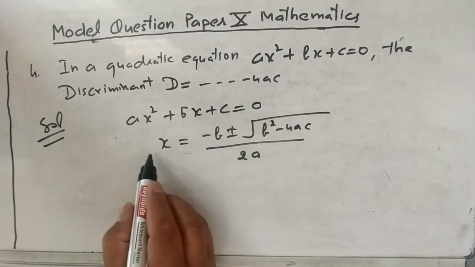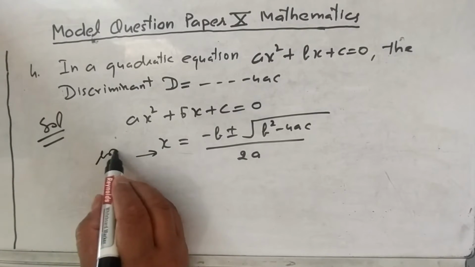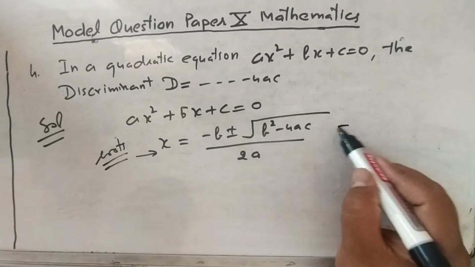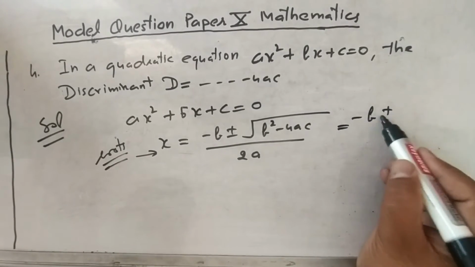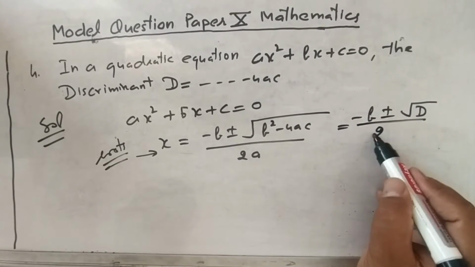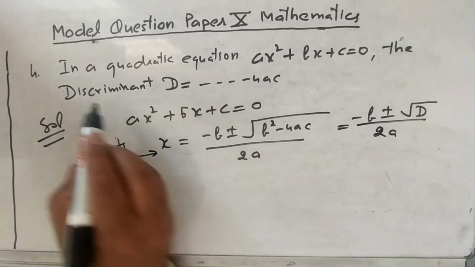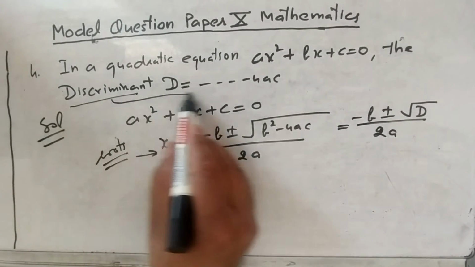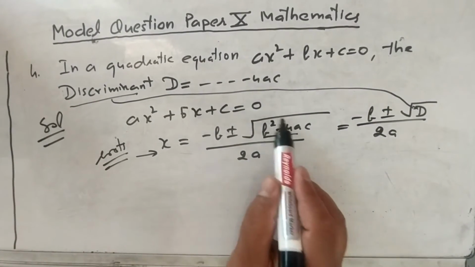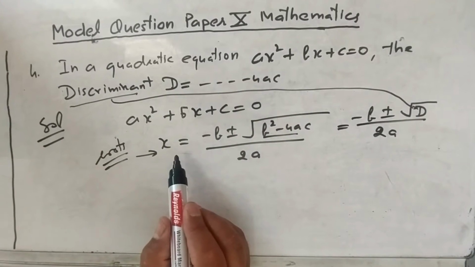This is the formula to find roots of the quadratic equation. Okay, children? Here, this term is called the discriminant. So, what is discriminant here? This term is the discriminant D. So, D is what? b square minus 4ac.